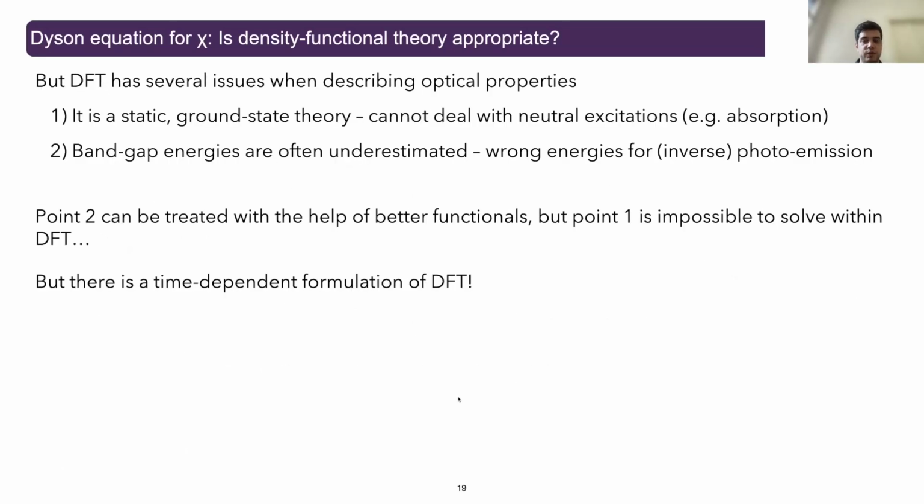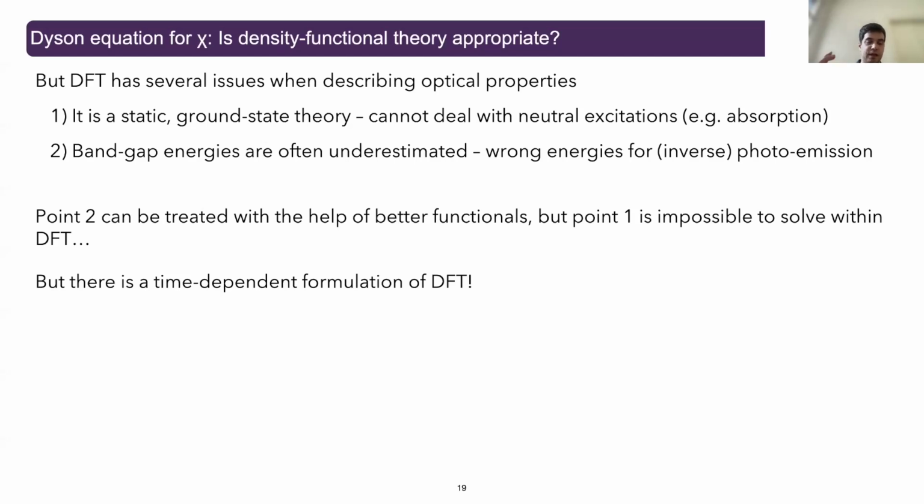Well, it won't take too long to realize that it does not, and in fact, you cannot use DFT to describe optics. First of all, it's a static ground state theory, meaning that it cannot describe excited states. And even if you were to only be interested in energies from transitions between different levels, you'd run into the problem where DFT often underestimates the gap.